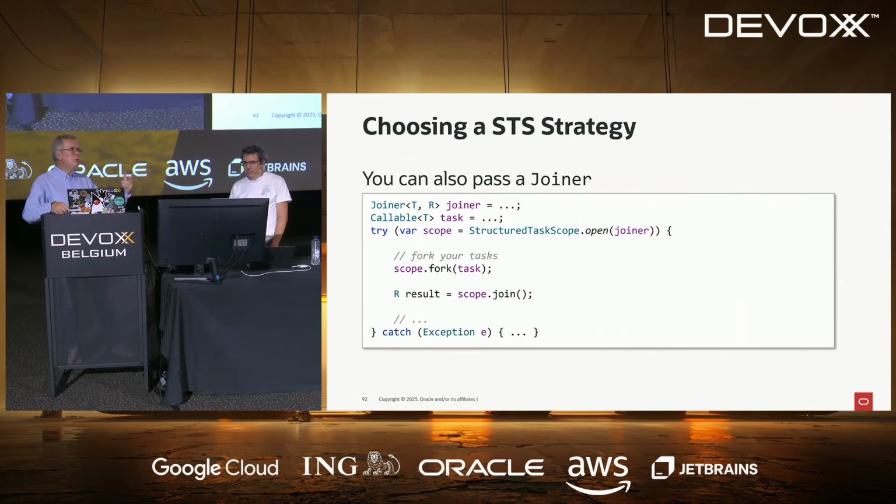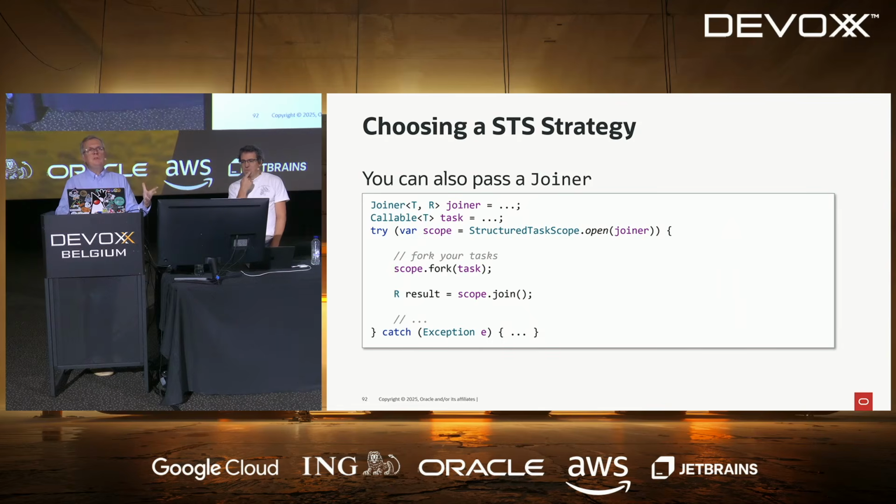And actually, maybe some of you remember the previous version of the API, but to create your own strategy of dealing with all the tasks that you launch in a structured task scope, you had to either rely on existing strategies or extend the structured task scope class. Now it's not the case anymore.